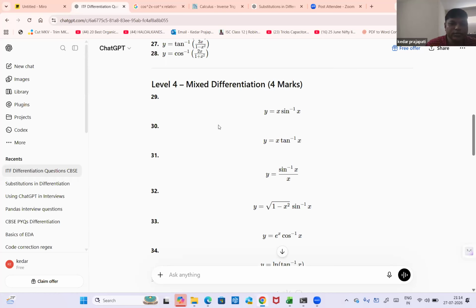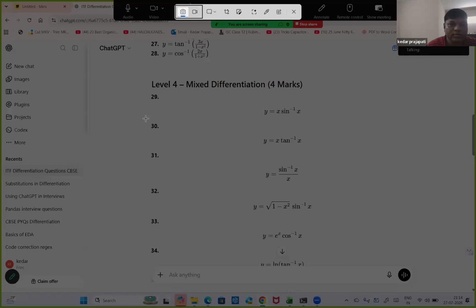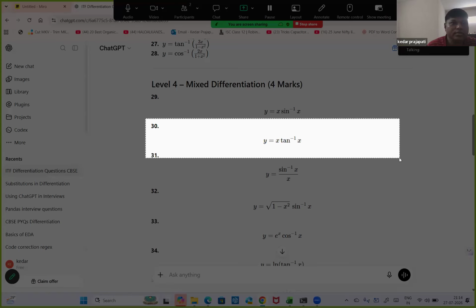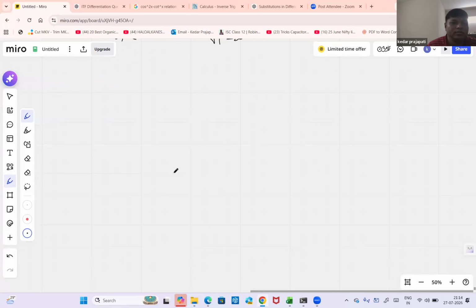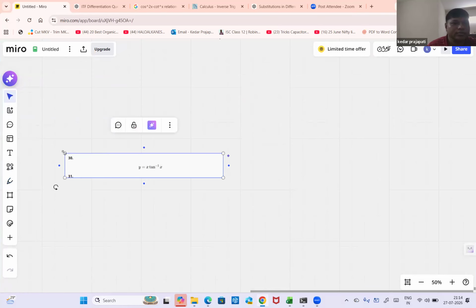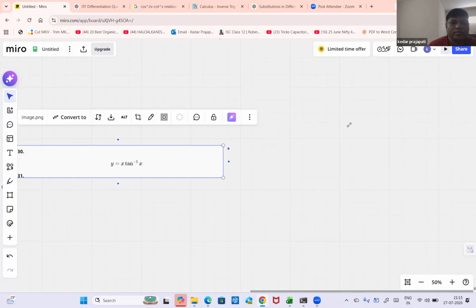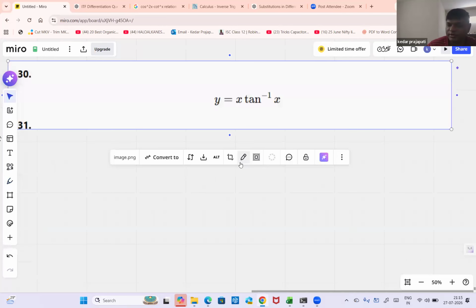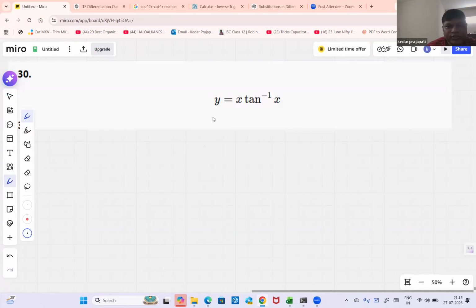Let us solve this together. Hope it is clear, right? See, differentiating with respect to x, this is again UV. So can you dictate from there?